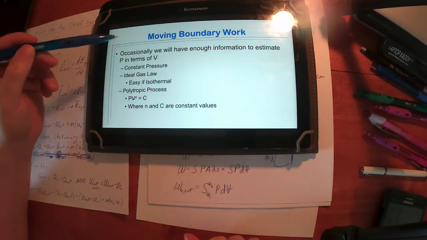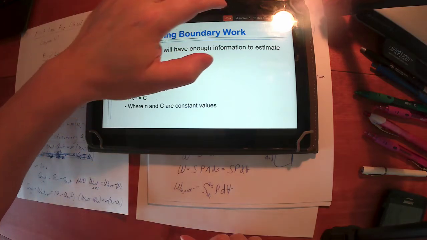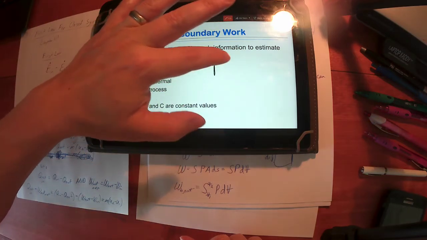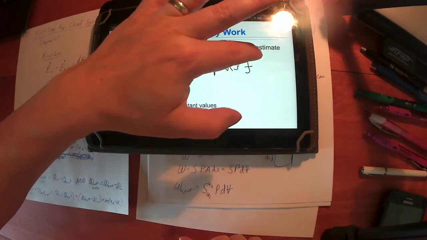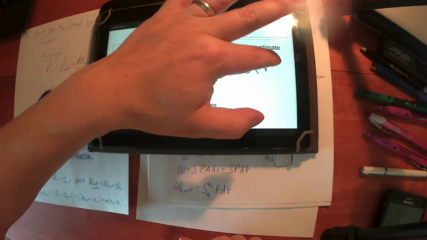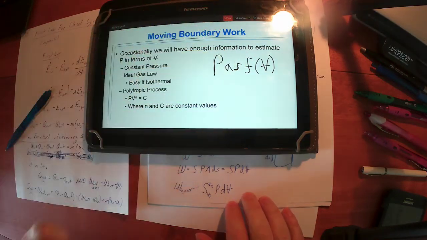So I will need pressure as a function of volume. How does pressure vary as volume varies?